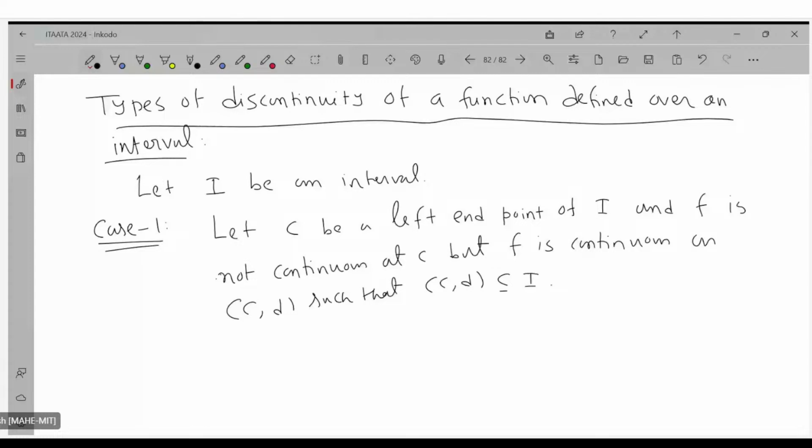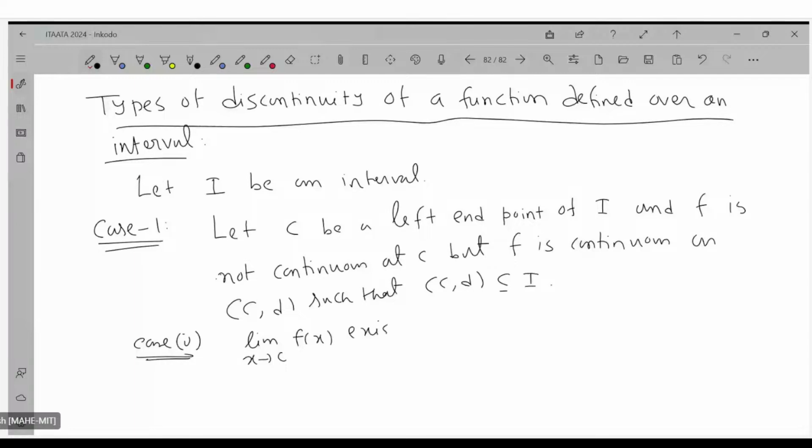Okay, how to write? Let's say case number I. The limit x tends to C of f(x) exists. Okay.